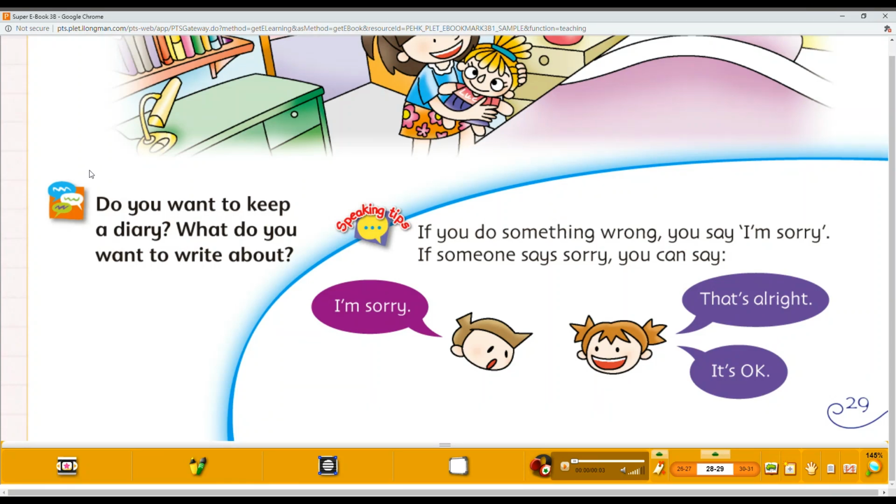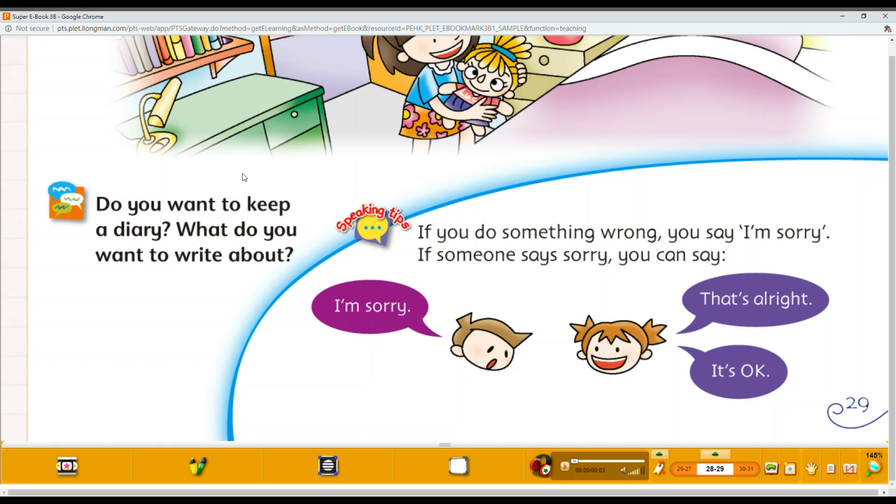So here we have more to learn from the bottom of page 29. Do you want to keep a diary? What do you want to write about? So you may say, oh, I don't want to keep a diary because I'm too busy.